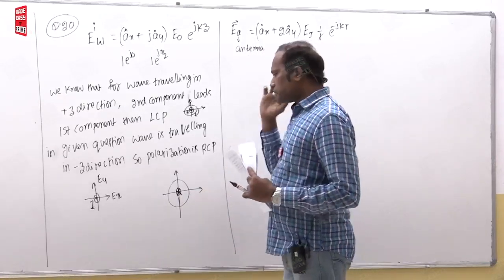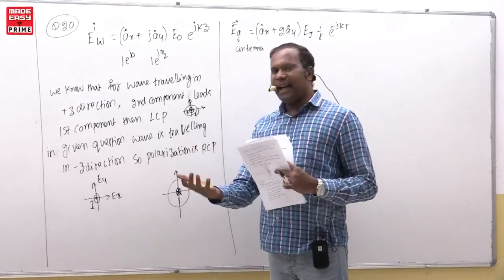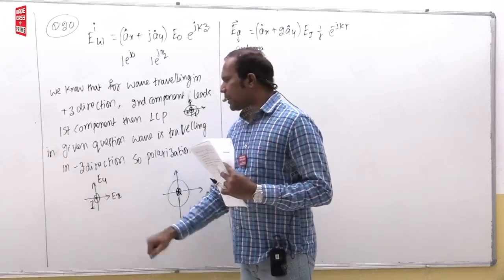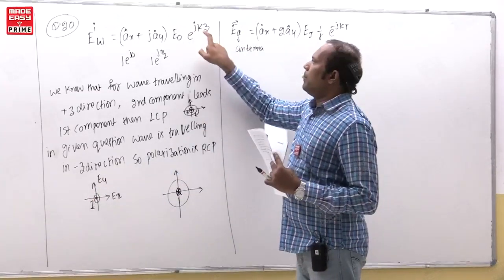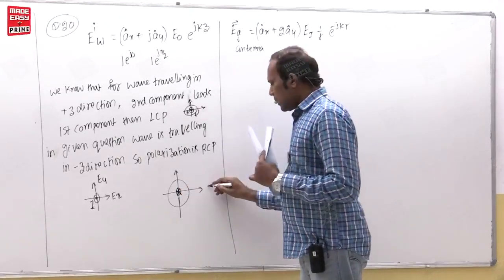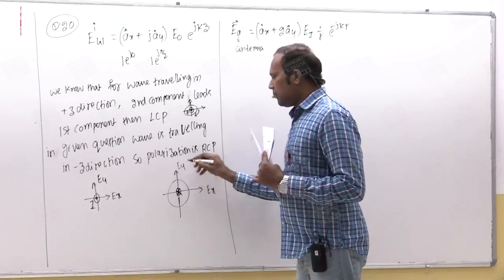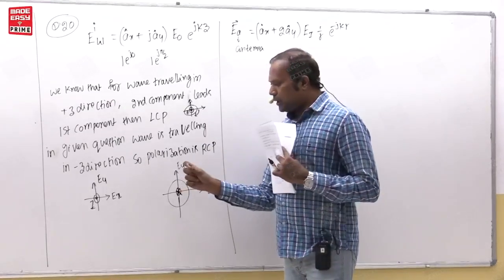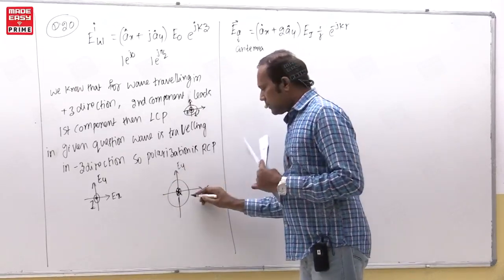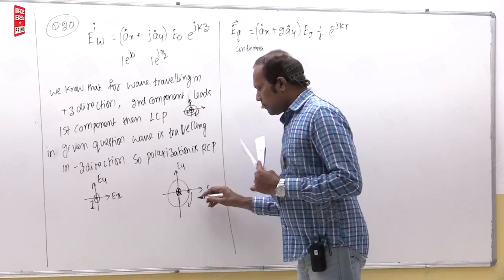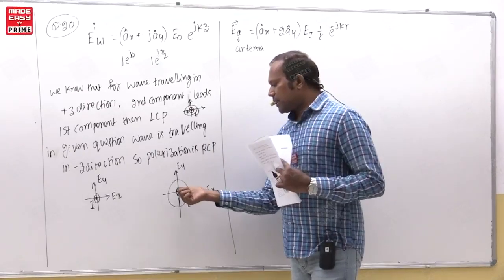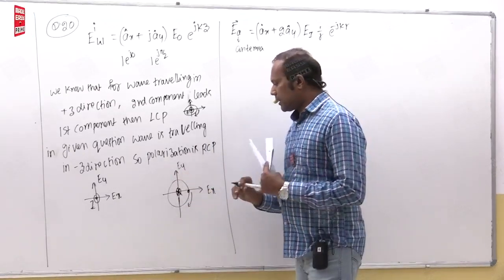Actually students, RCP means the right hand matches. Out of the board is the wave propagation direction. Now here the wave is traveling in the minus z direction, that means into the board. So you have taken Ex and Ey. RCP means put the thumb in the wave propagation direction, then the closed fingers are in the time increase direction.